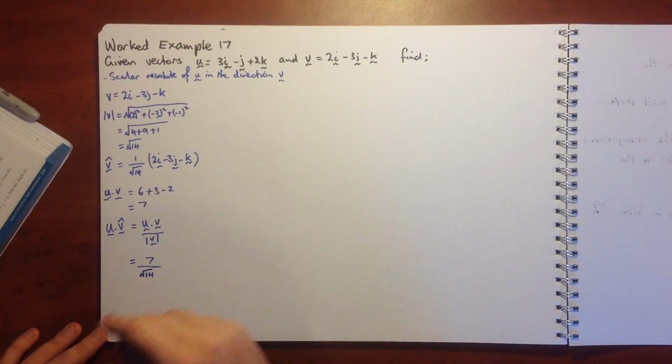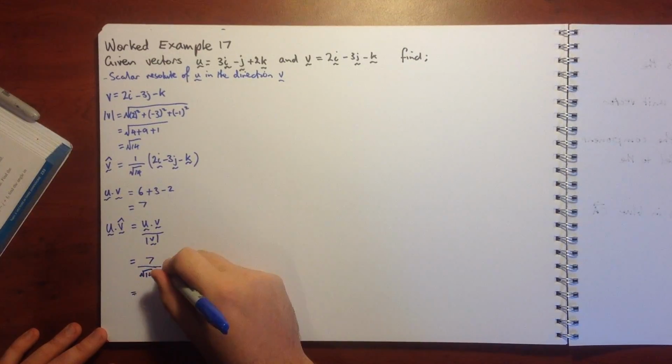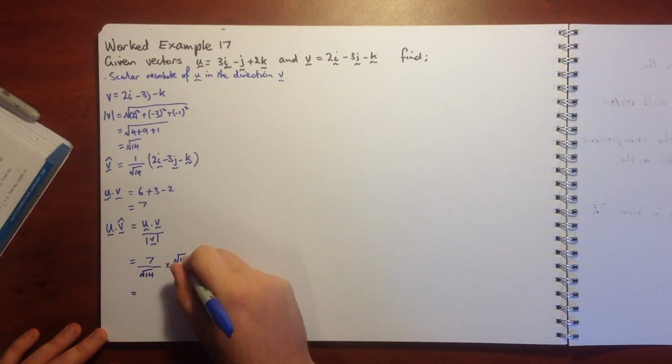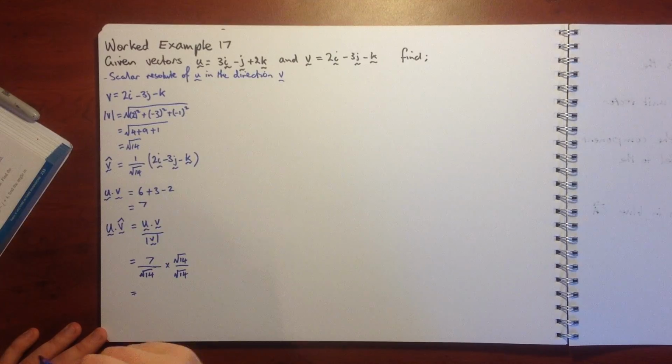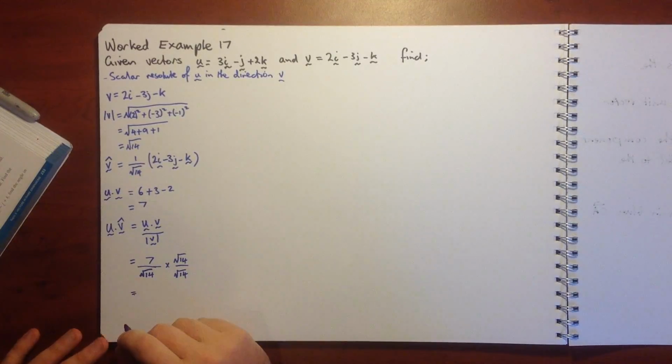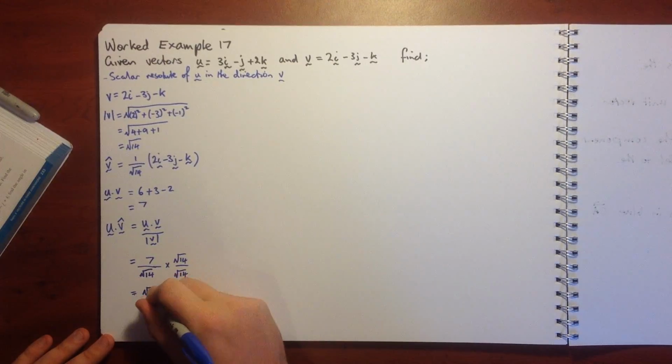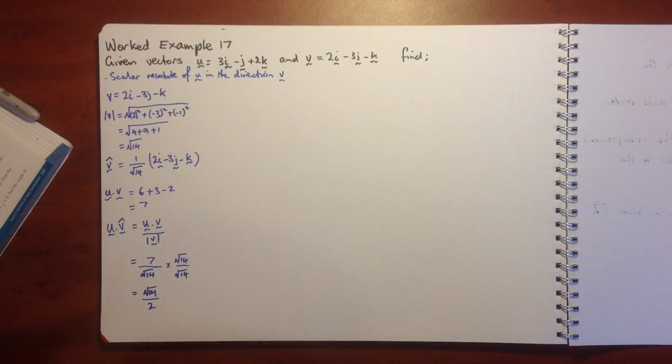Okay, and so we're going to rationalise the denominator. So we're going to times it by root 14 on root 14, which means we're going to get root 14 on 2. Okay, so that's part A.